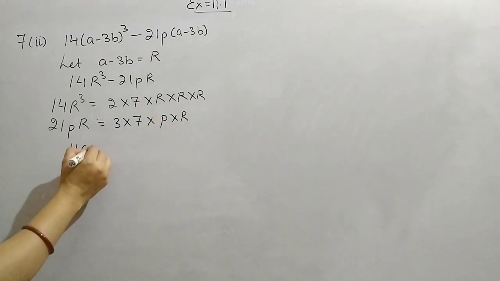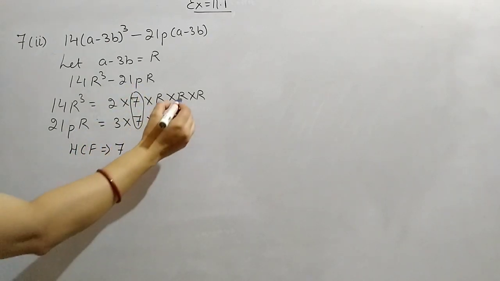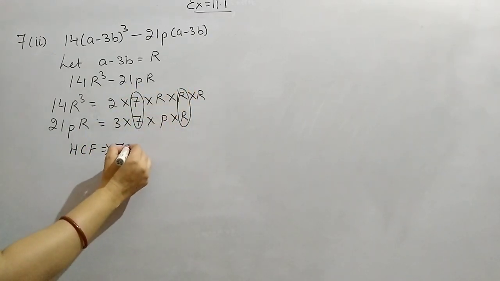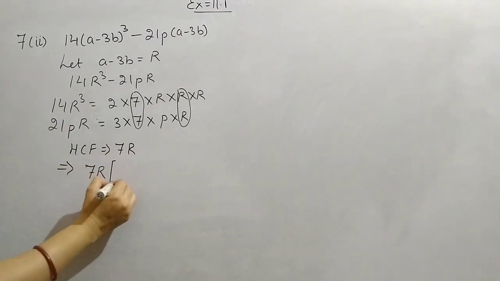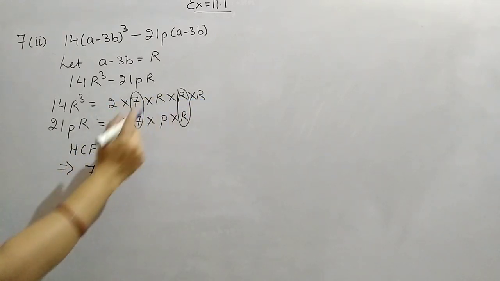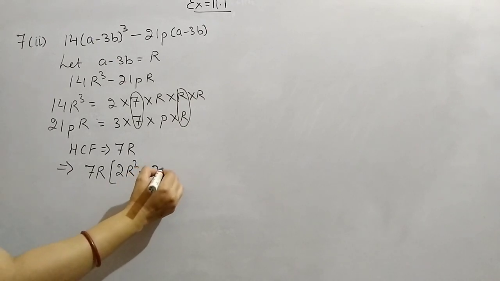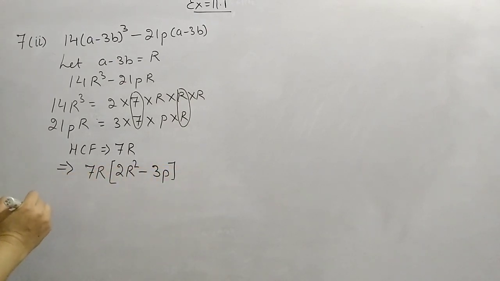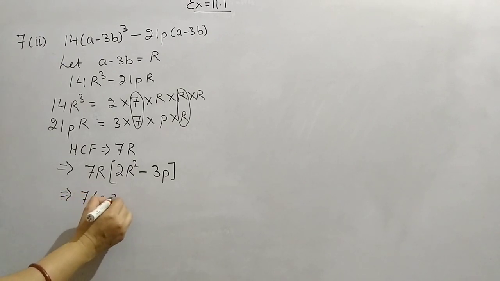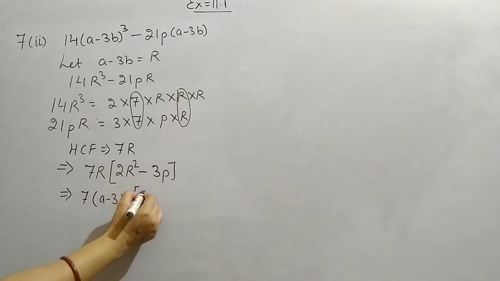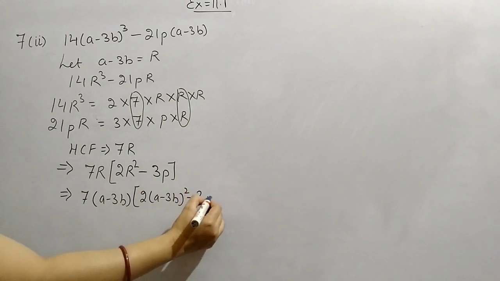Next step, we have to take the HCF common term here. One 7 is common and one r is common. So the factors will be 7r. In the bracket we have 2 into r square, that is 2r square, then minus 3p. Now this r value we can replace. 7r is 7(a minus 3b), then 2(a minus 3b) whole square minus 3p.